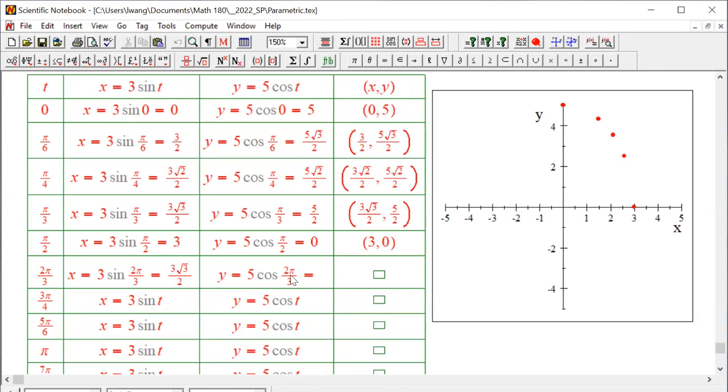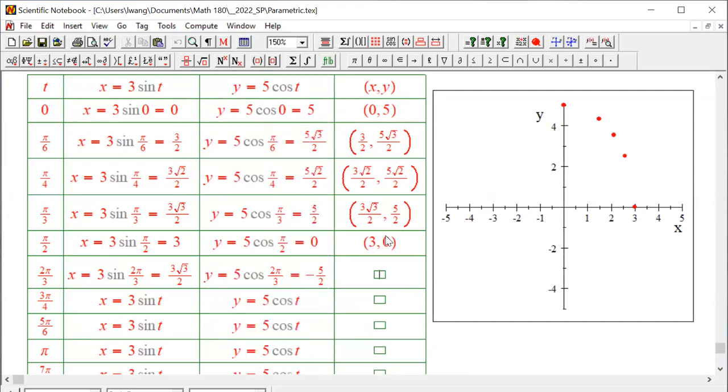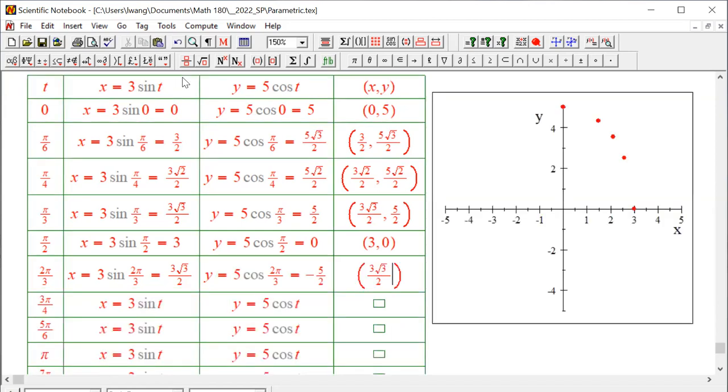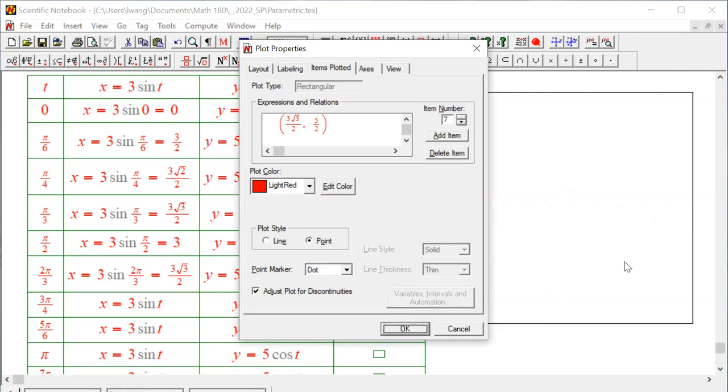And cosine 2 pi over 3 is -1/2, so this is going to be -5/2. So the point is 3 times root 3 over 2 and -5 over 2. Where do you think it's going to be? In the 4th quadrant, right? So right there.